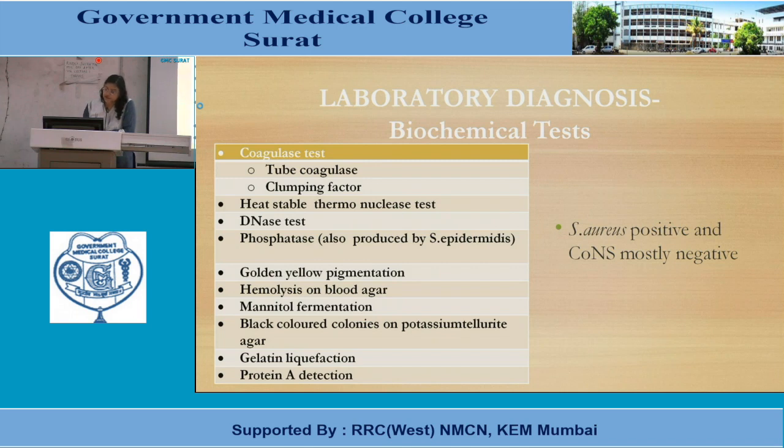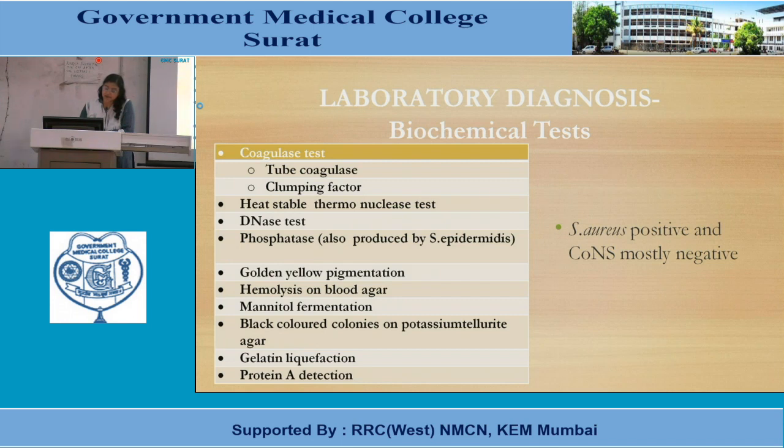Then this is a list of tests which are positive for Staphylococcus aureus while negative for CoNS, that is coagulase negative Staphylococci. So through these biochemical tests, we can differentiate between Staphylococcus aureus and CoNS. These tests are the coagulase test, heat stable thermonuclease test, DNase test, and phosphatase test.